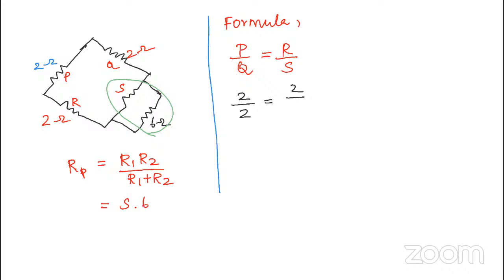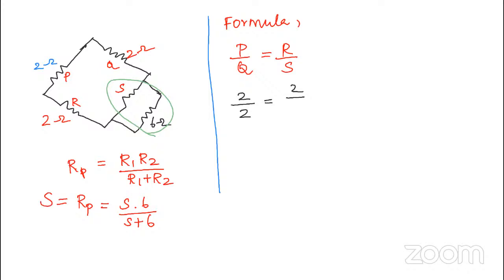Here it is 6 ohms. Okay, we substitute. Then the two resistances should be added, so S plus 6. So what is the value of RP here, if we take the unknown resistance as S?